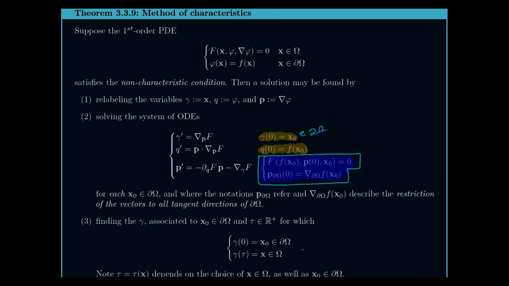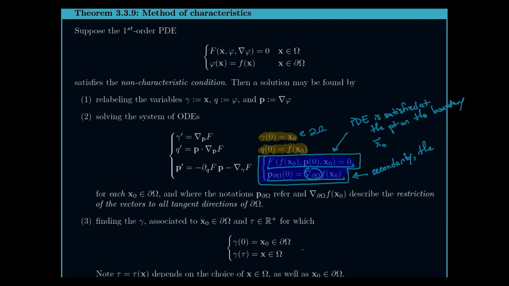So what is this saying, the initial conditions in p? Well, the first row is the PDE is satisfied at the point on the boundary. Right, so at x0, whatever point that is on the boundary, the PDE itself needs to be satisfied. That is exactly the PDE. And secondarily, the second row, recall what this gradient is.